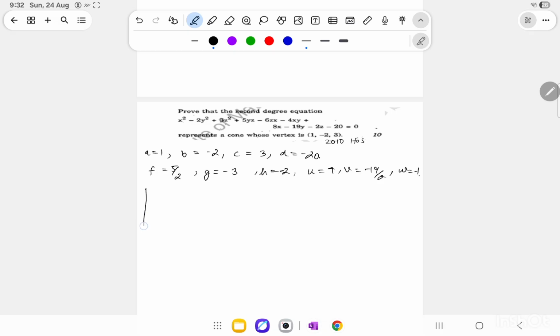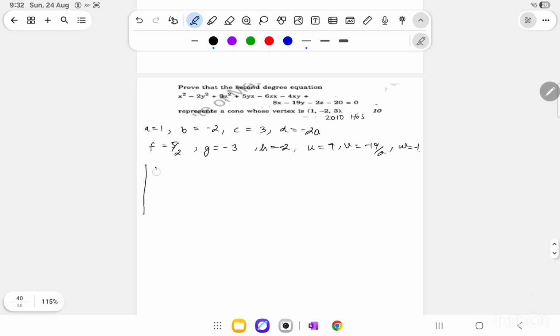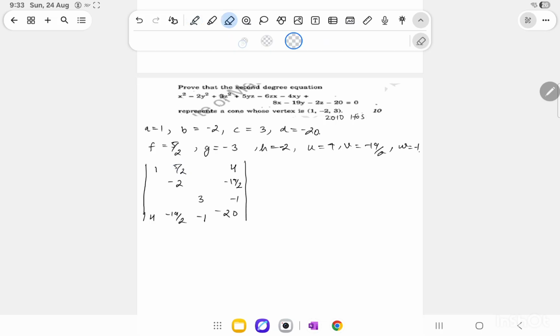So we are supposed to see if the determinant of this matrix is equal to 0.